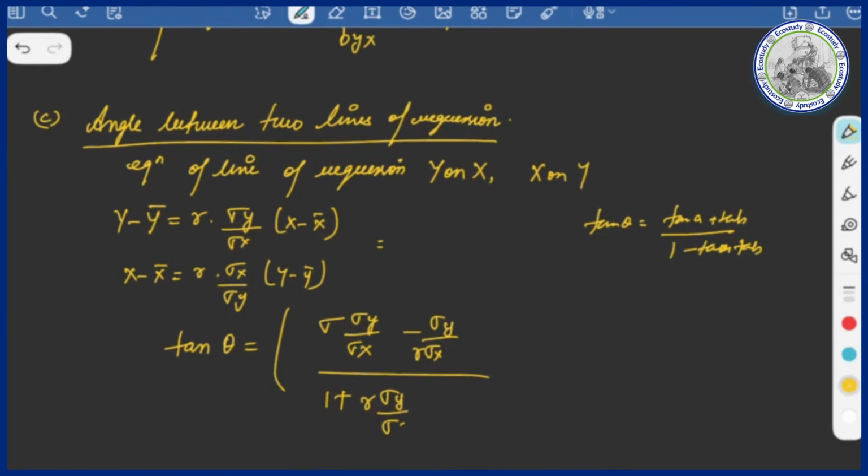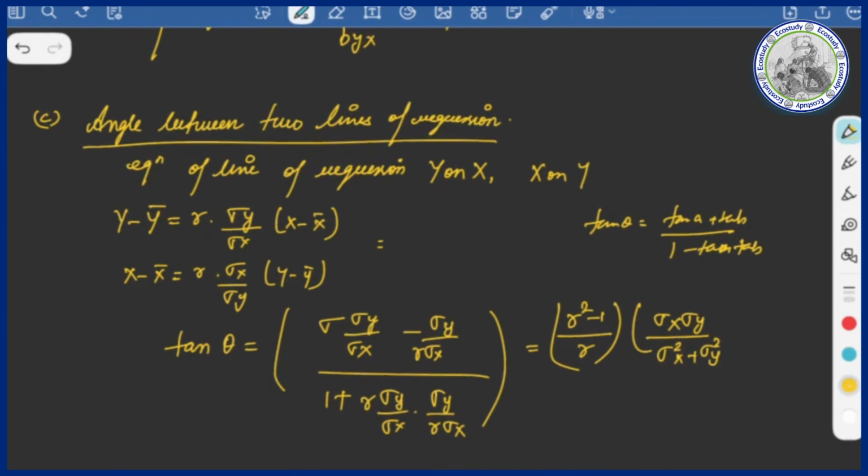That is equal to r square minus 1 by r into sigma x sigma y over sigma square x plus sigma square y. After solving you will get this.